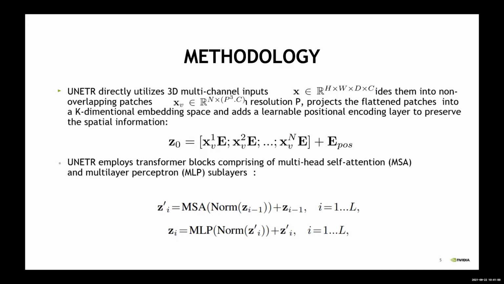We also add a positional encoding layer to retain some spatial information. Within the transformer layers, each layer contains 2 submodules: one is the multi-head self-attention, and the other is the multi-layer perceptron, as shown here. We also use layer normalization as the input to these MSA and MLP submodules.